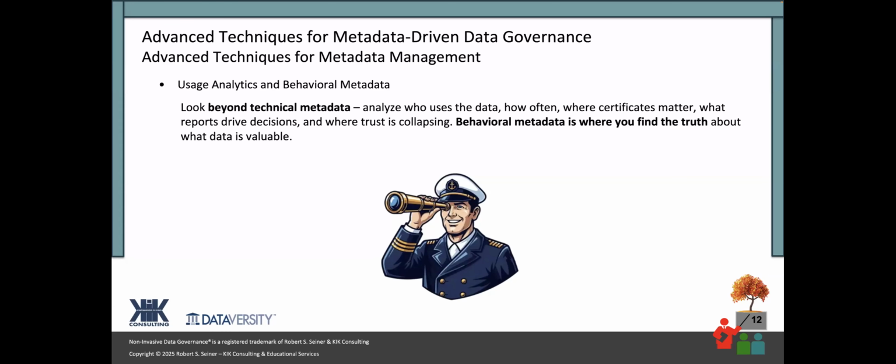These are all important aspects of metadata that go beyond that traditional view of metadata. These are behavioral, these are analytics metadata, things that could be a way to help you to pinpoint those things that are most valuable within your metadata repository or your data catalog tool.